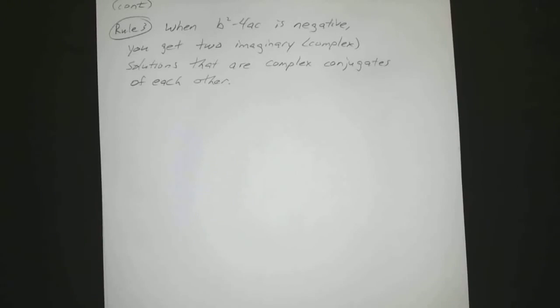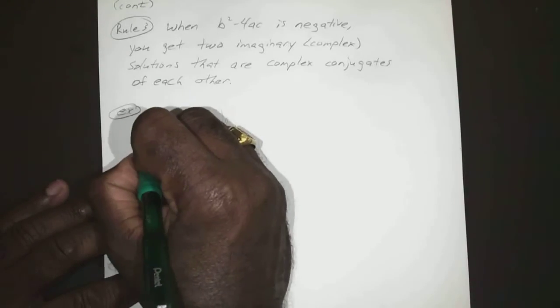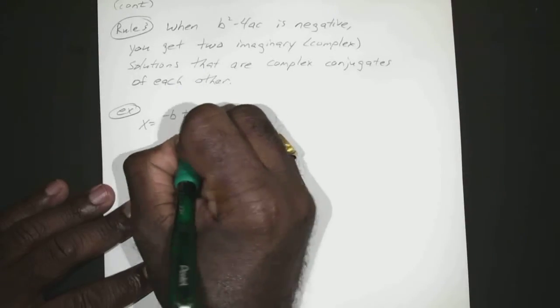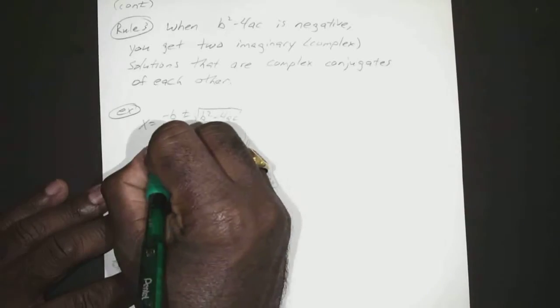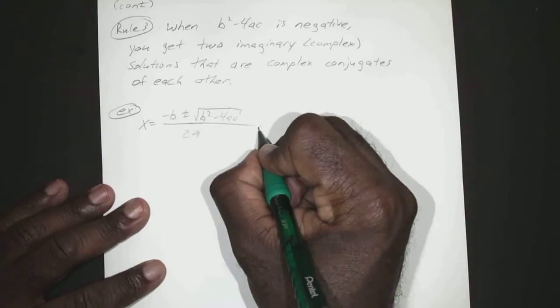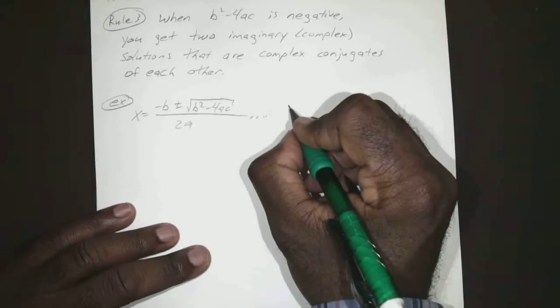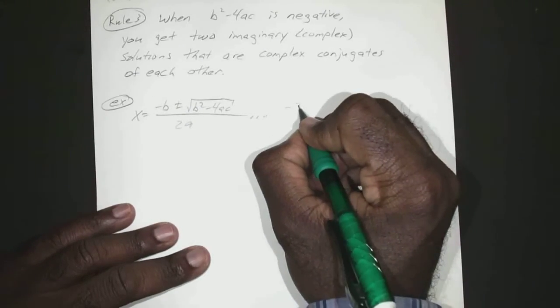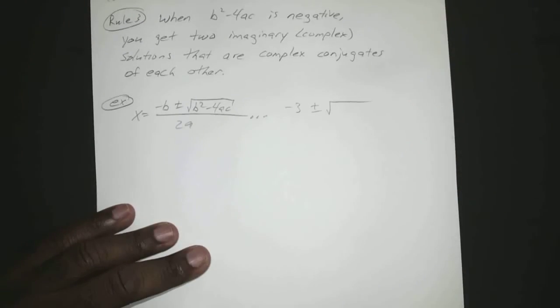Okay. So, for example, let's say if you again go through all of the x equals negative b plus or minus the square root of b squared minus 4ac all over 2a, and you do all of that work, and you end up with negative 3 plus or minus the square root, and that became a negative number.